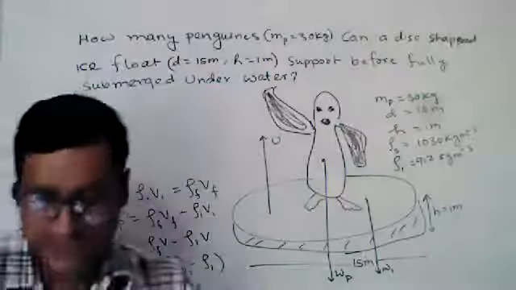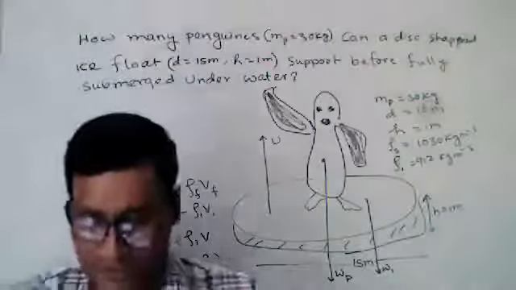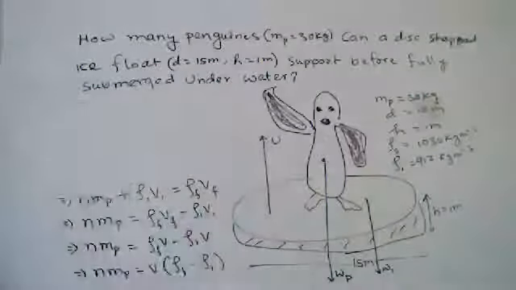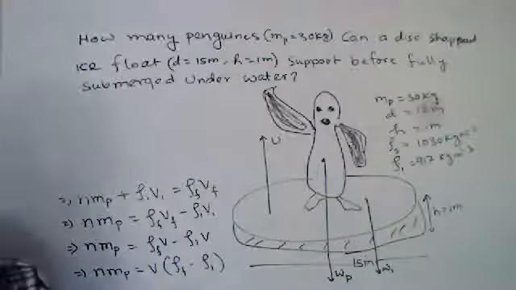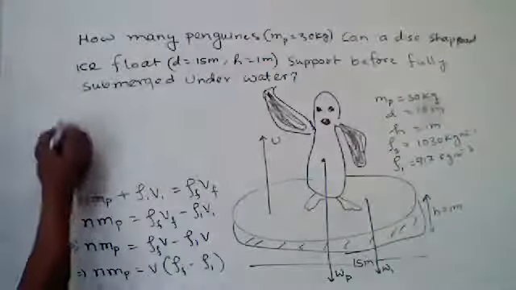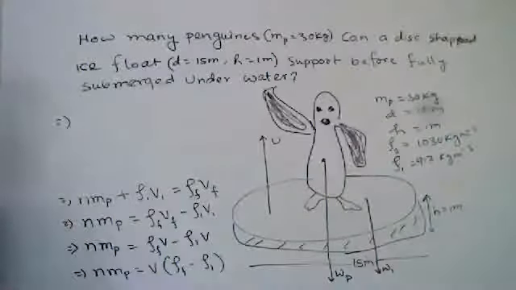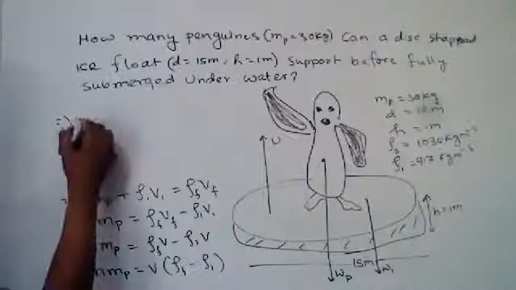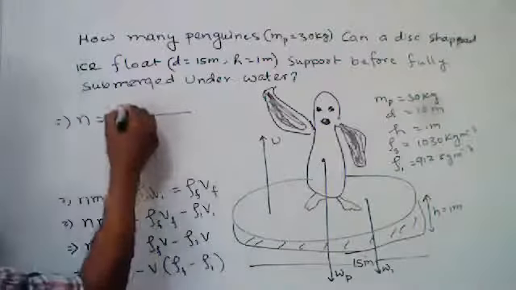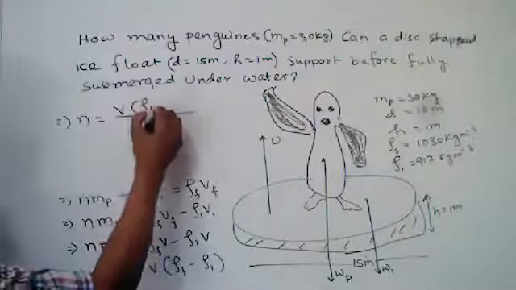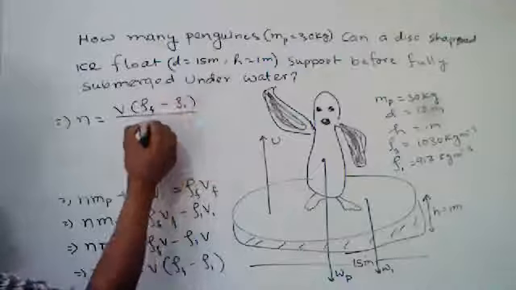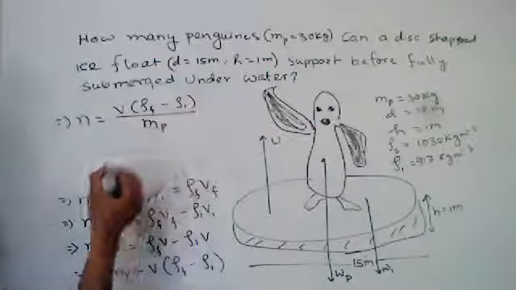If a body is fully submerged into the liquid, the volume of the object and the volume of the displaced water will be equal. For this reason, n equals V into rho F minus rho I by MP.